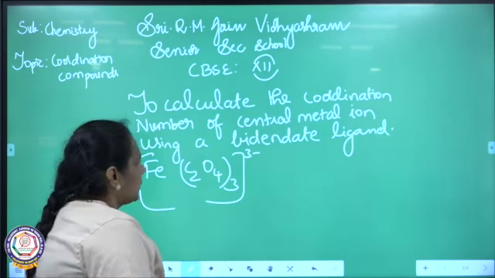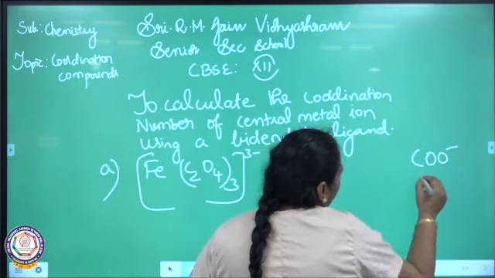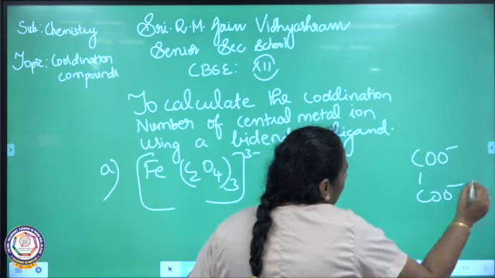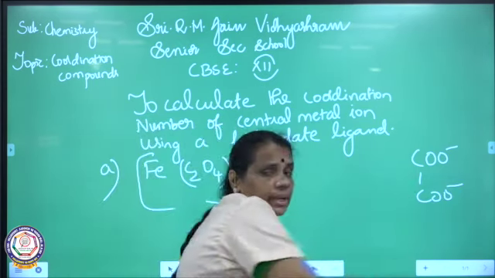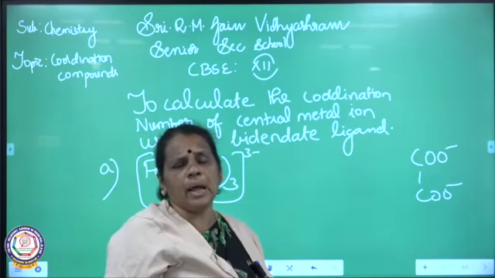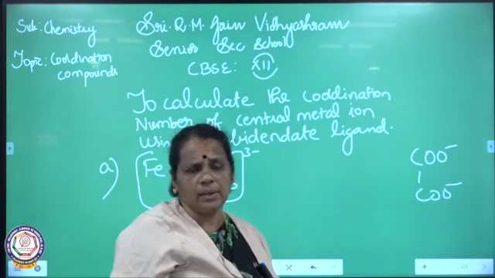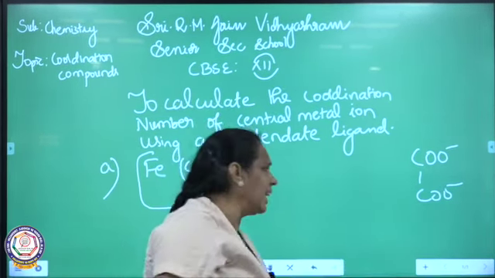So, we are going to see the oxalate ion. This is oxalate ion. So, there are 2 donor atoms here. Each oxygen is donating the electron pair to the central metal ion. So, oxalate ion can be given as an example for bidentate ligand.